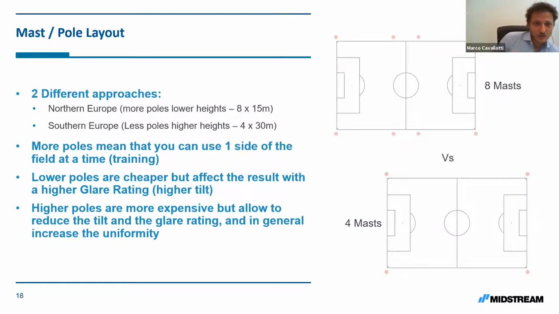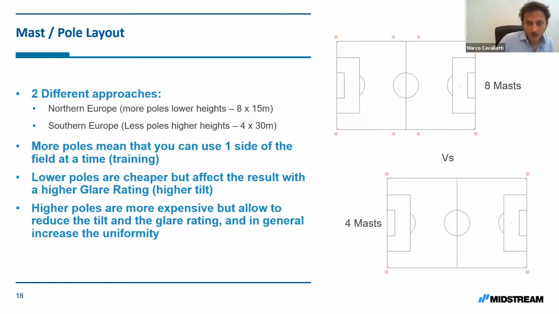The disadvantage of using lower poles is that you need to increase the tilt to reach the required uniformity, and by increasing the tilt, you will increase the glare rating for the players. Of course, lower poles are cheaper, so you need to find also the balance between the infrastructure cost, the installation costs, and the advantages and disadvantages in terms of glare rating and all of these factors to choose your perfect scenario.